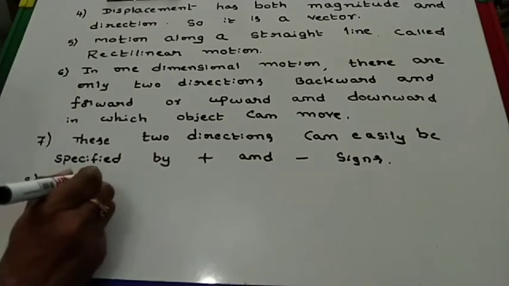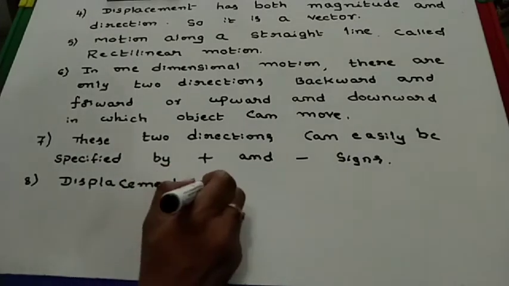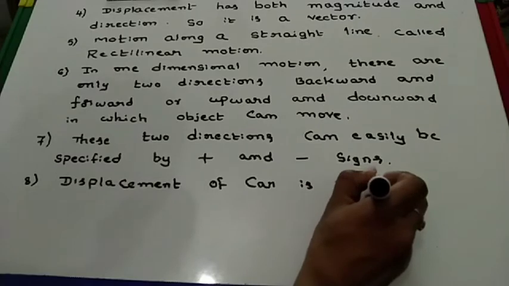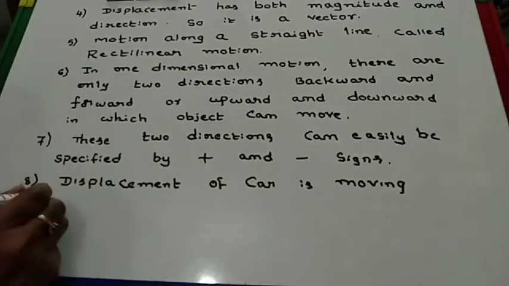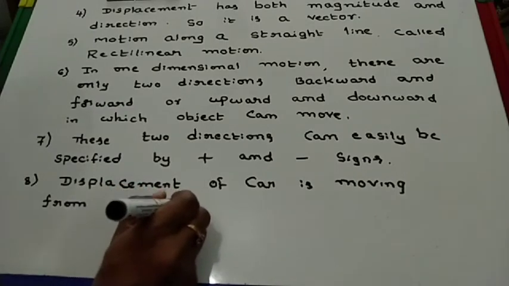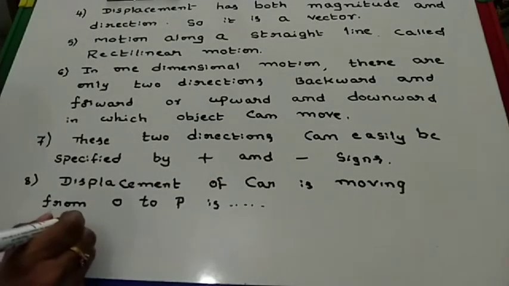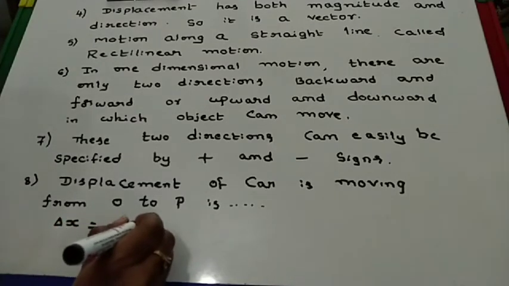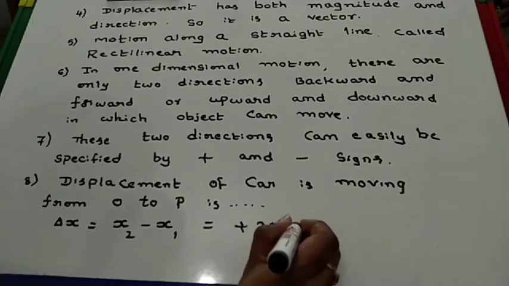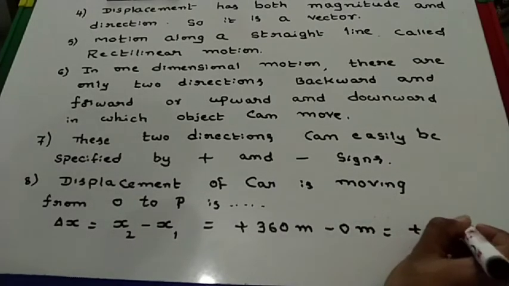Displacement of the car moving from O to P is delta x, that is equal to x2 minus x1, that is equal to plus 360 meters minus 0 meters, that is equal to plus 360 meters.